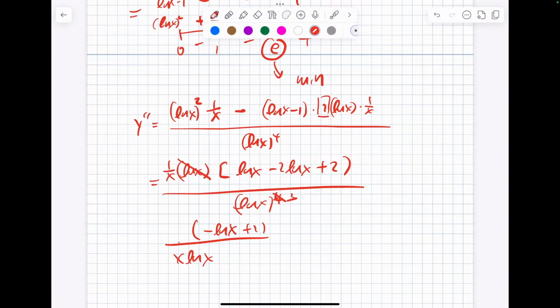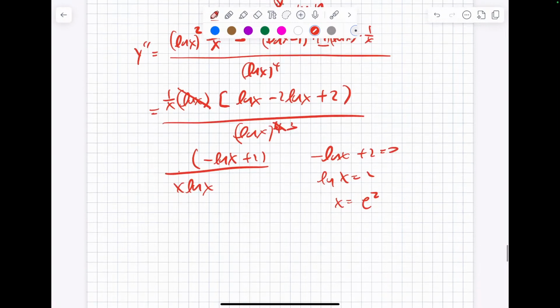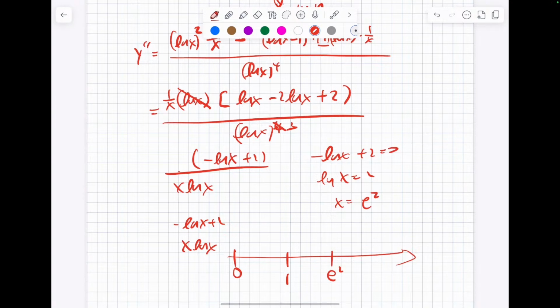Negative ln of x plus 2 equal to 0, ln of x equal to 2, and x equal to e to the 2. So e to the 2, there's a 0, there's 1, I think. So negative ln of x plus 2, over x ln of x. This one, I think you're going to get negative. e is going to give you positive. e squared is positive.